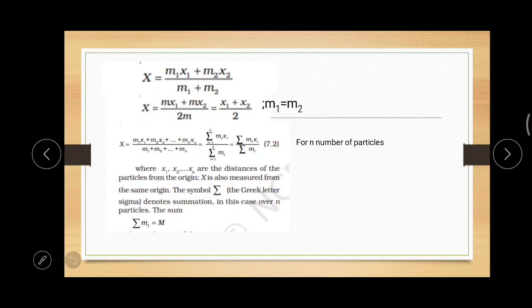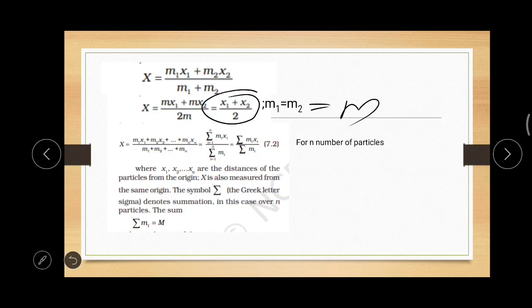Now, if masses m1 and m2 are equal, say m1 and m2 are equal to m, then m x1 plus m x2 divided by 2m is x1 plus x2 divided by 2.